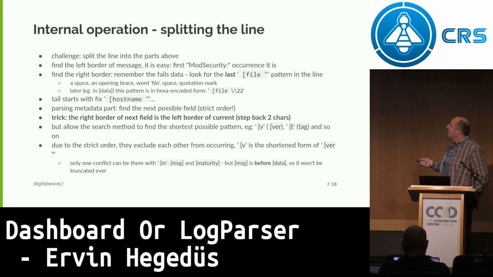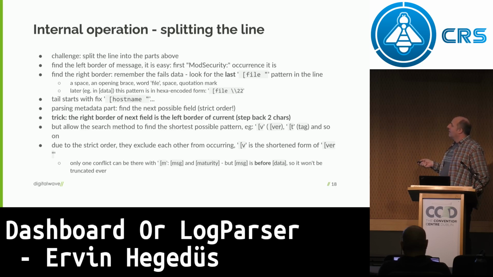And this is what I said in the previous presentation, that later in the data this pattern is hex encoded, so we don't care about this. The last pattern of this occurrence is the real file pattern we are looking for.